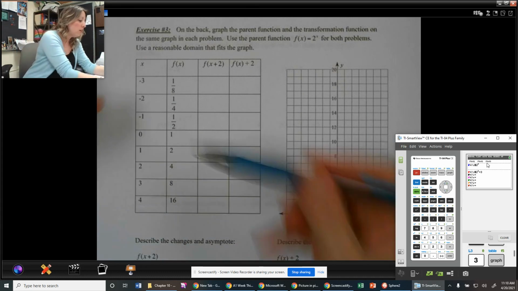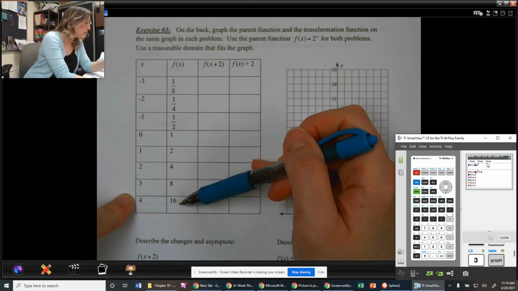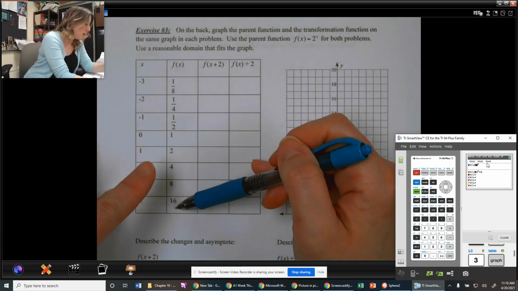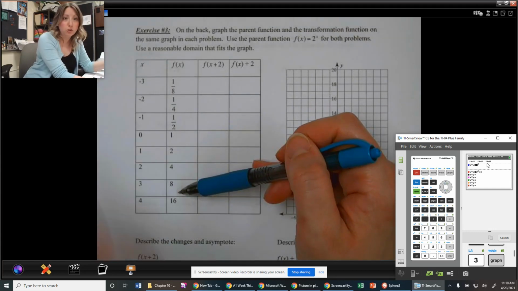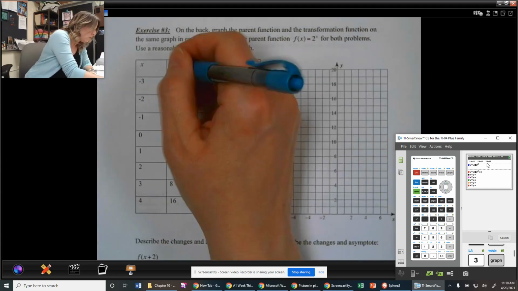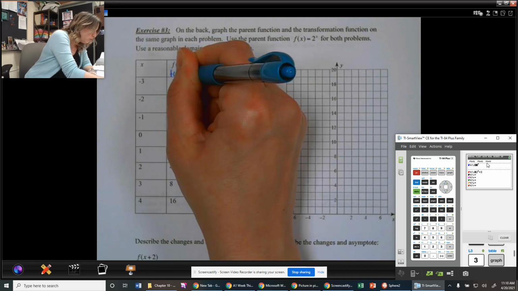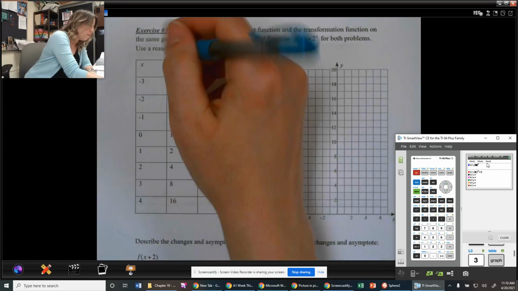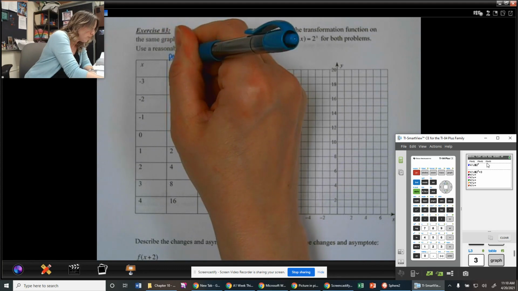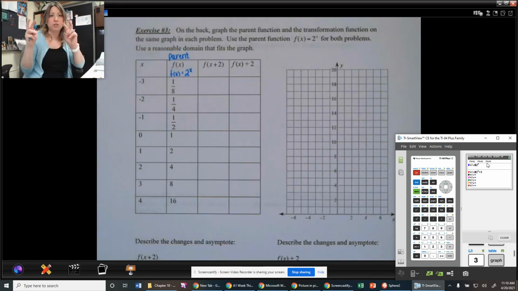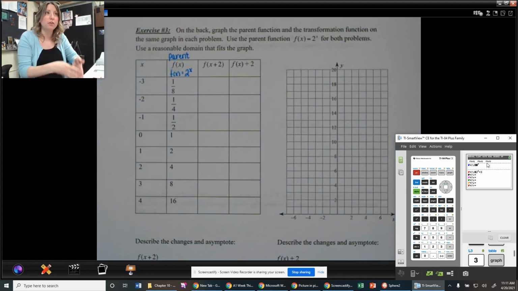So first of all, let's just graph this original function right here. I'll graph the original function in blue since that's what I use most often. So this guy will be f of x equals 2 to the x power, and that's our parent function. And again, the parent part of the function means that's what we're starting from, and any changes made to it are the next generation, quote unquote.